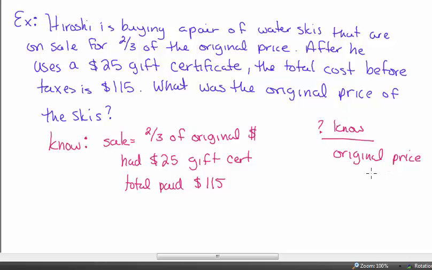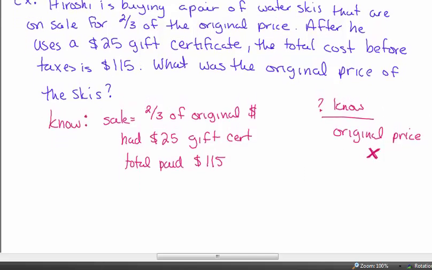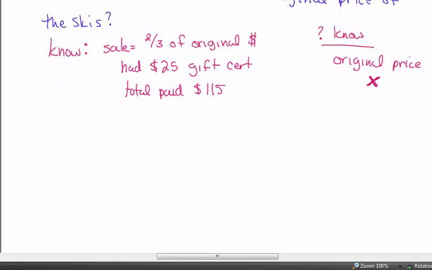So let's assign the original price the value of x. So what's happening? 2/3 of, remember of means multiply, so 2/3 of the original, that's 2/3 x. And then he had a $25 gift certificate, so we take the $25 away because that comes out of what he has to pay. And then it costs $115. So 2/3 of the original price minus the $25 gift certificate equals $115.